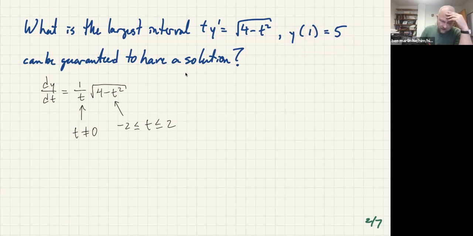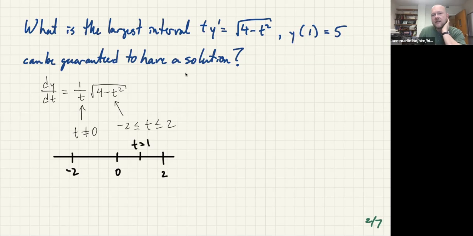So if we're thinking about it maybe as a number line here, and we block off the -2 to 2, and then we also remember that at 0 we have some difficulties, then because we're having a solution where we have to look around t equals 1, by examining the function we're dealing with, we know that we can't go any farther out than t equals 0 or t equals 2.